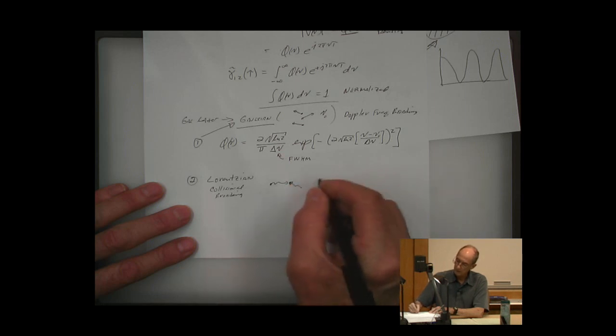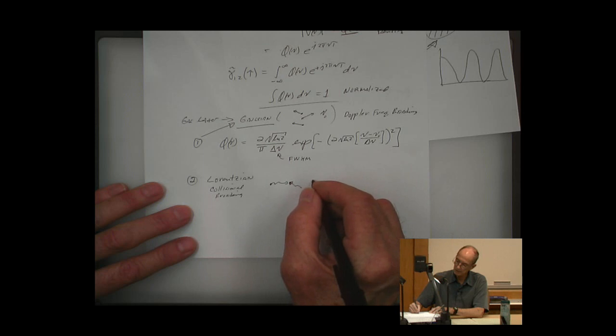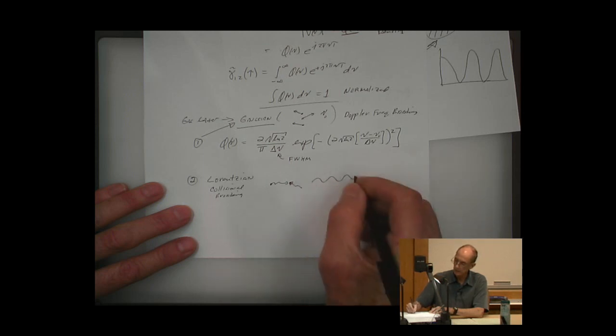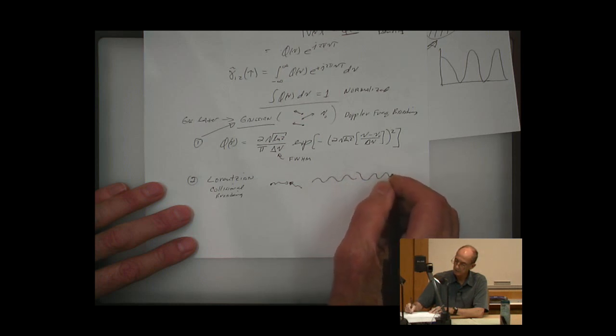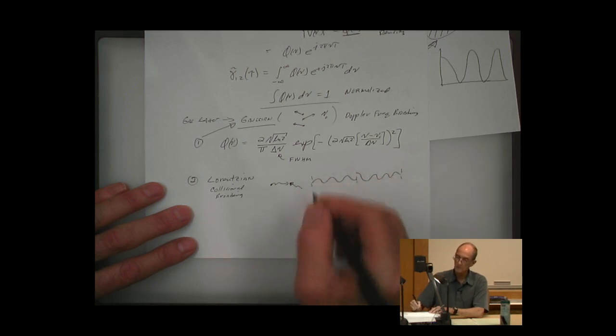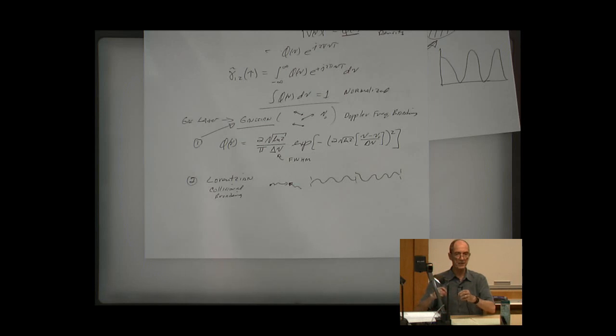No big deal there. But what happens to the fields that are emitted is the field may be emitted like a monochromatic wave, and then all of a sudden it shifts after some period of time, the collisional lifetime, and there's, say, a phase difference. So you end up getting lots of pulses of monochromatic waves that are truncated, just like we did earlier in that analysis of a pulse emission.